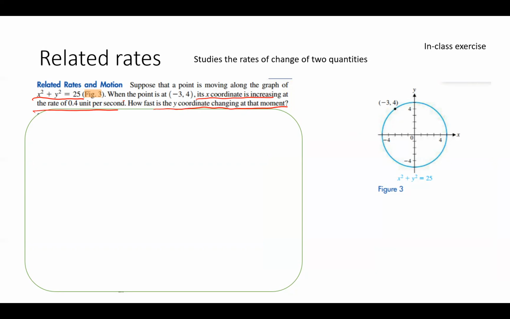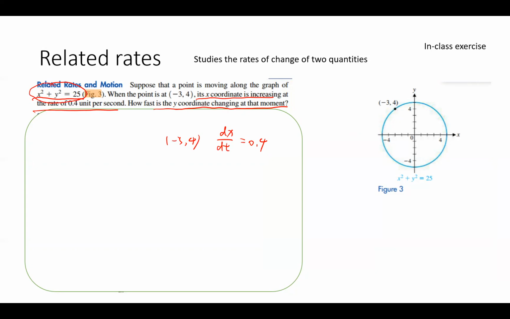So in other words, when x changes with respect to time, where t is for time, it's changing at 0.4, right? So this is given, and we have a point which is (-3, 4). This is also given, and we have this equation here. Given this, what we can use is implicit differentiation, right?